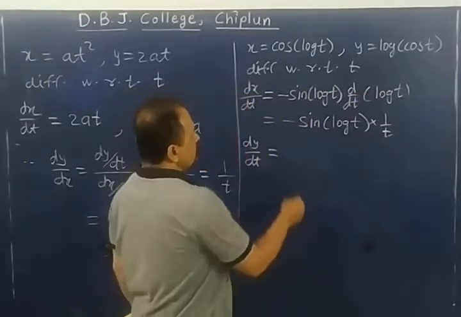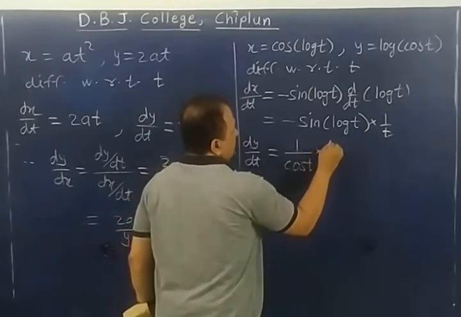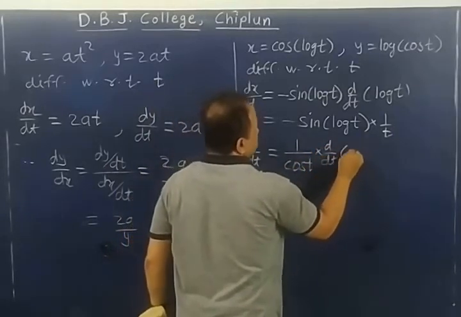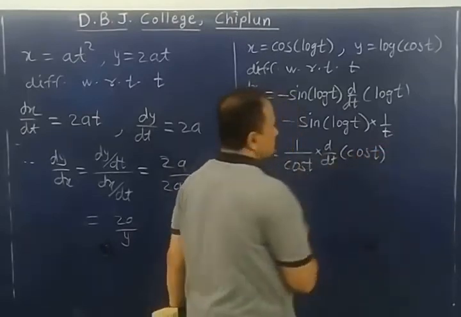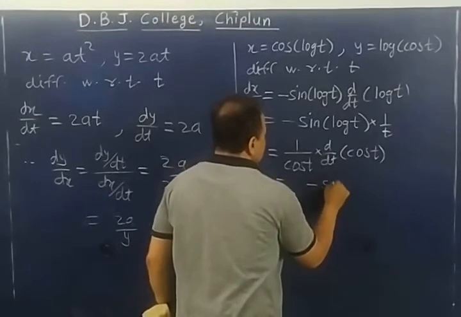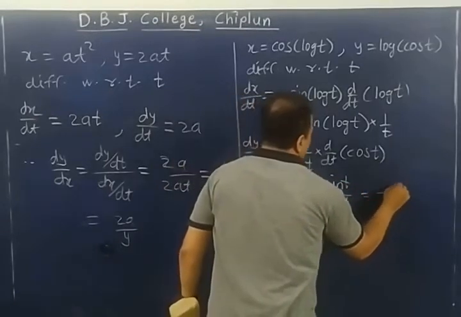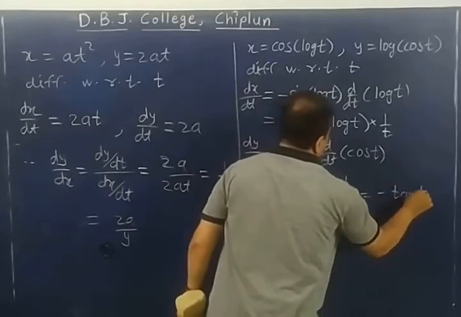Derivative of log bracket is 1 upon bracket into derivative of bracket. That is minus sin t upon cos t, minus tan t.